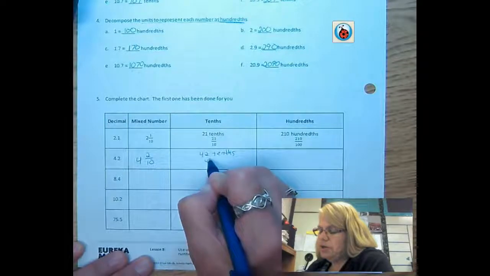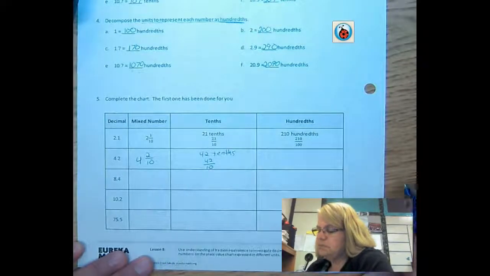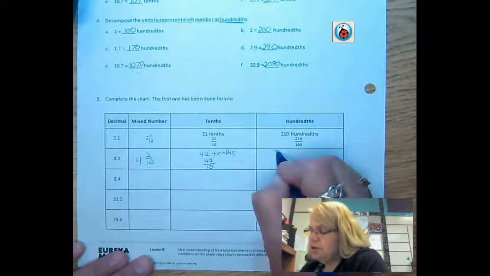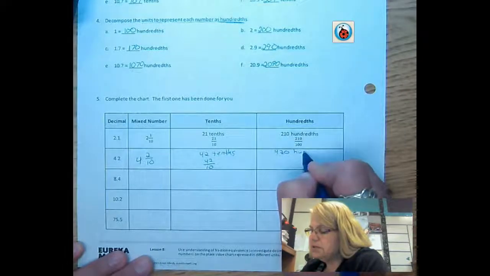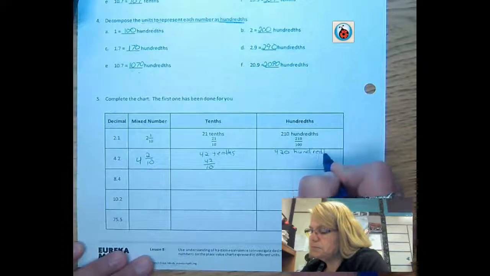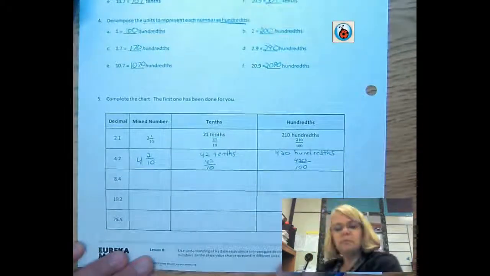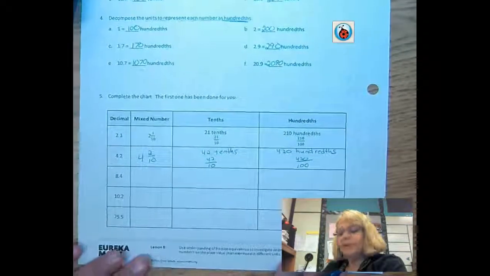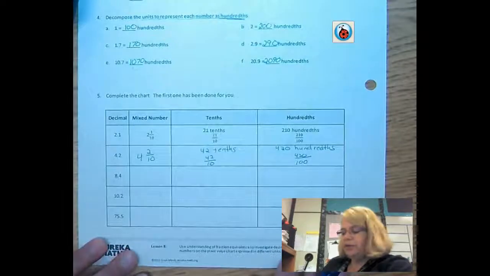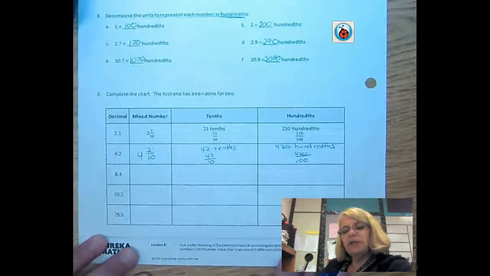Or we can write 42 over 10. How many hundredths do we have? We have 420 hundredths. Or 420 over 100. Okay? Go ahead and do the rest of them on your own and then come back and check your work with me.